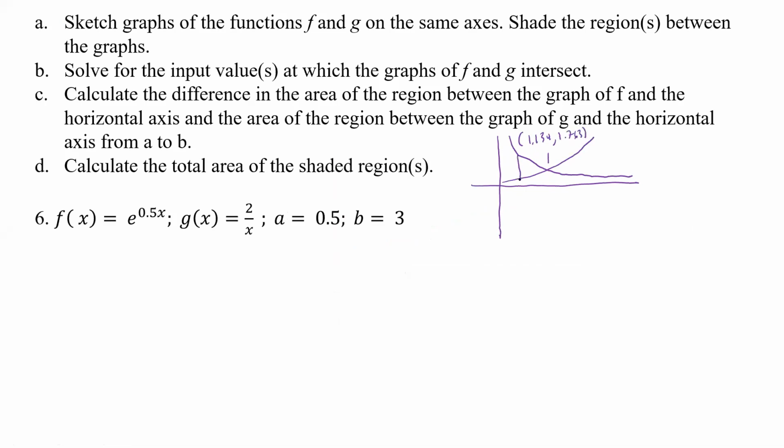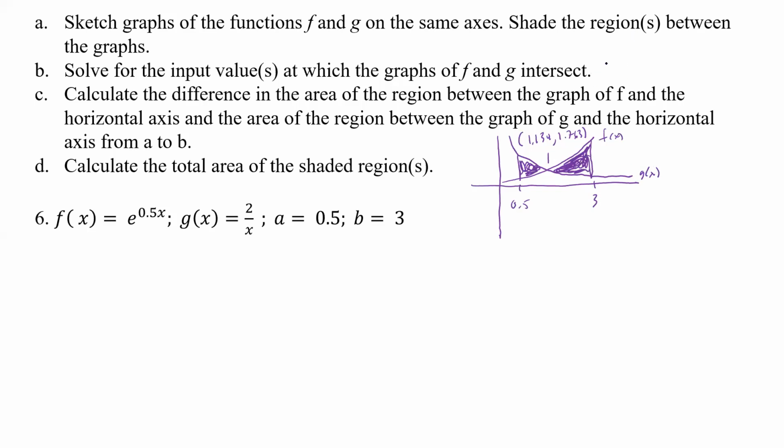And we're going from, so we're doing this area, up to 3, which is a little further out. Oh, actually, it's 0.5, not 1. So this is, again, 0.5. This is 3. And the upper one was our f of x, and our lower one was our g of x. So we've done A and we've done B.